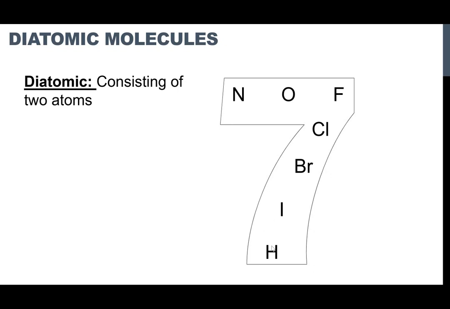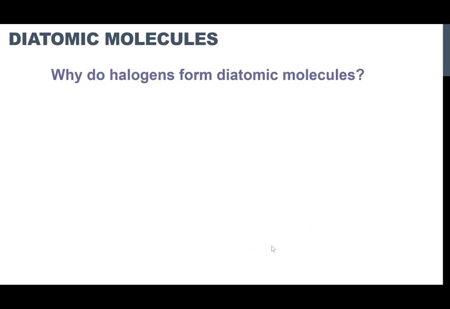Since we introduced diatomics, let's go ahead and ride this wave and look at some more difficult examples of Lewis structures. So why do halogens form diatomics? Let's look at one of these halogens and look at how it forms a diatomic molecule. The diatomic molecule that we're going to do the Lewis structure for is Cl2.